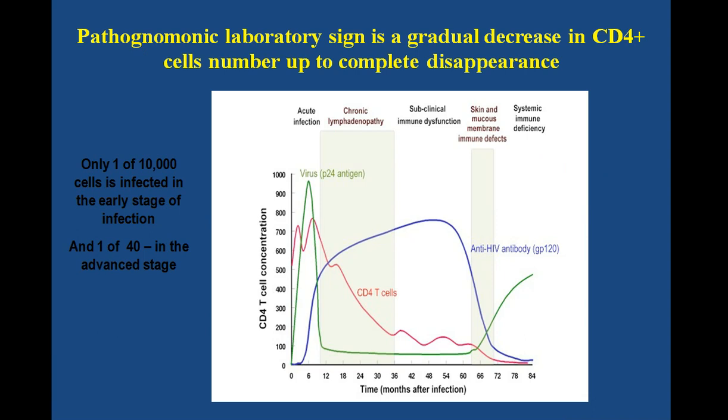Only 1 in 10,000 cells is infected in the early stage of infection, and 1 in 40 in the advanced stage.